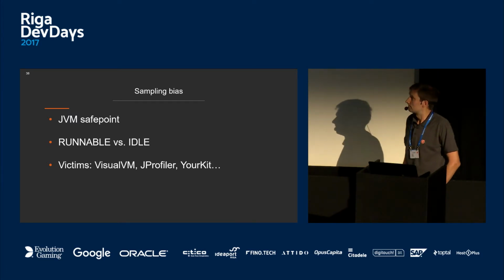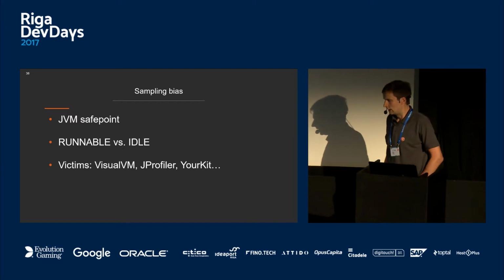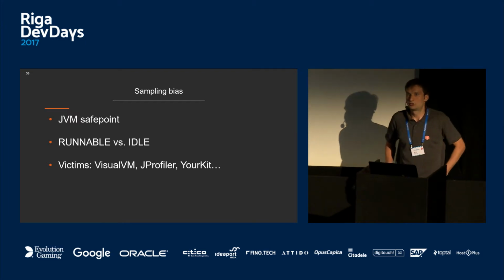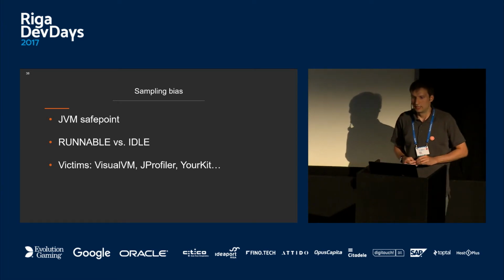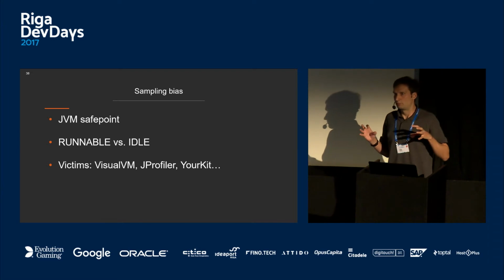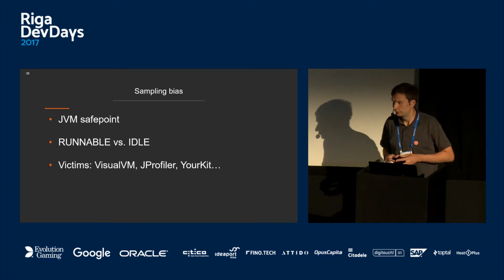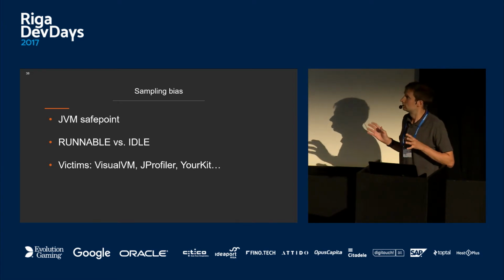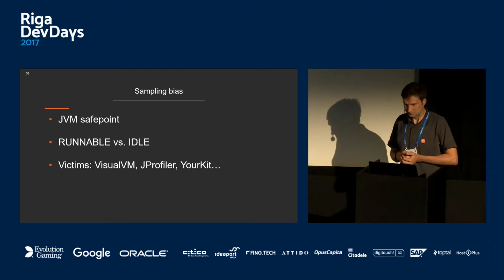The problems originate from the JVM's method of collecting thread dumps. HotSpot JVM cannot get stack traces at any arbitrary point. It can collect stack traces only at known positions in the code known as safepoints. Usually the safepoints are located at the ends of loops and at method exits.